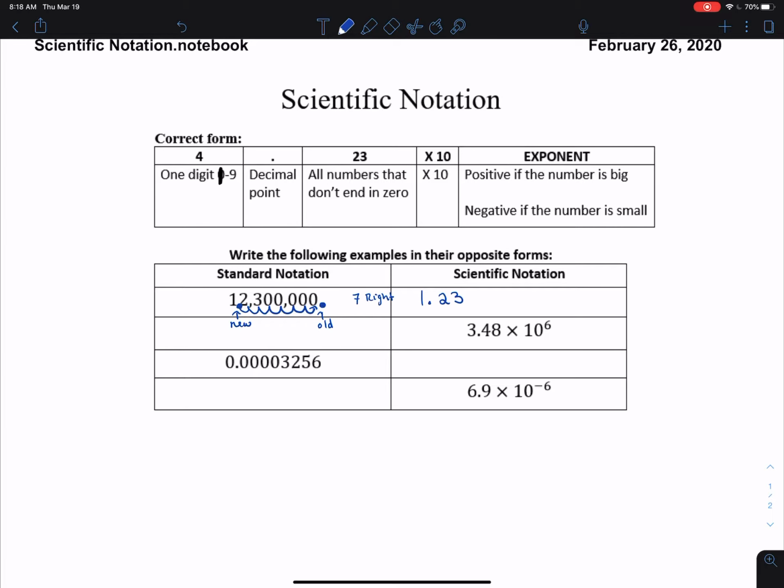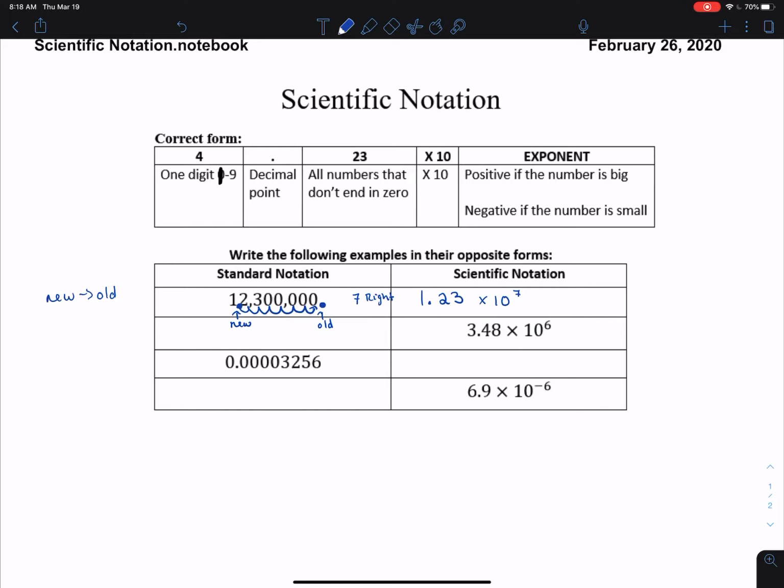I drop all the zeros, times 10 to the power of 7. This number was large, so my exponent has to be positive. And I can also think of it because I went from the new decimal point to the old decimal point, I went right. That's another way to know that that exponent needs to be positive.